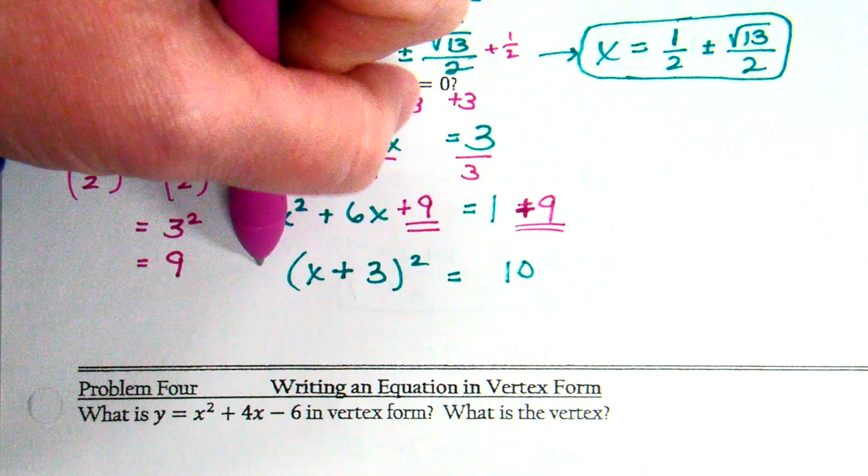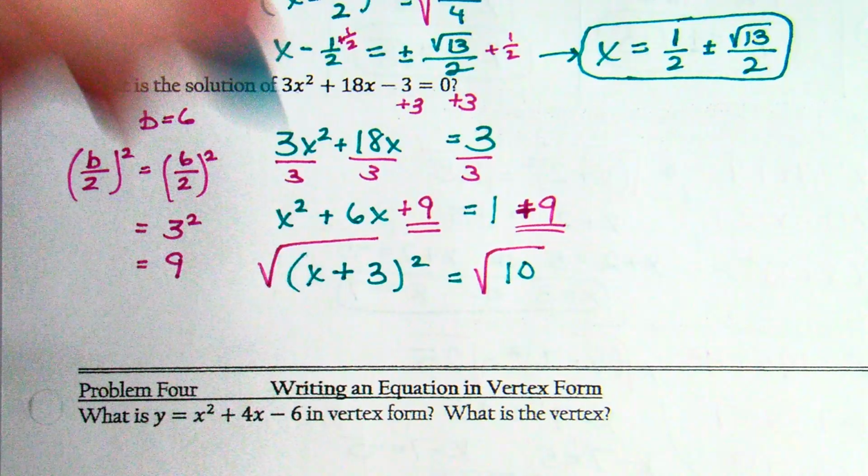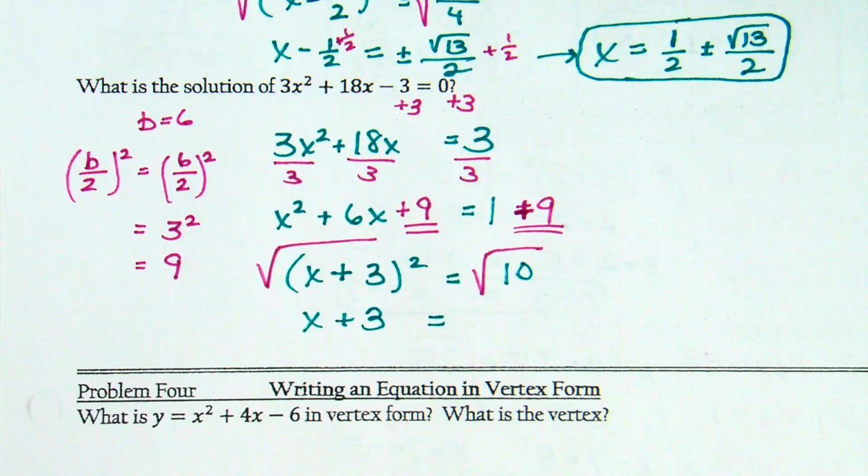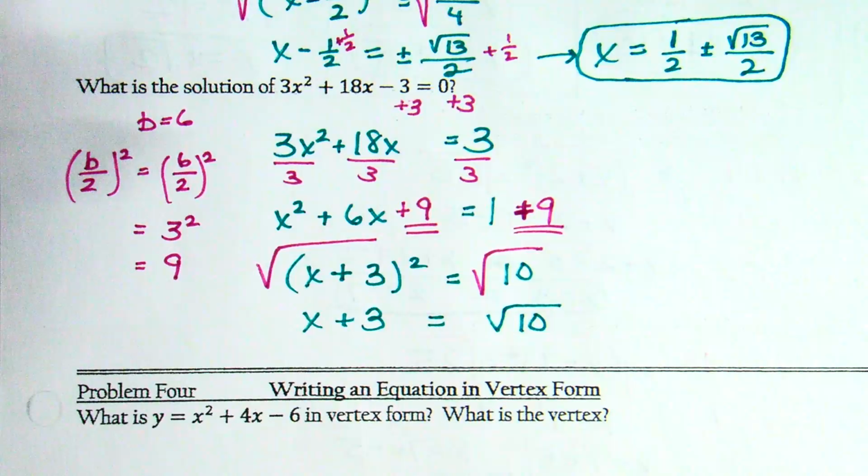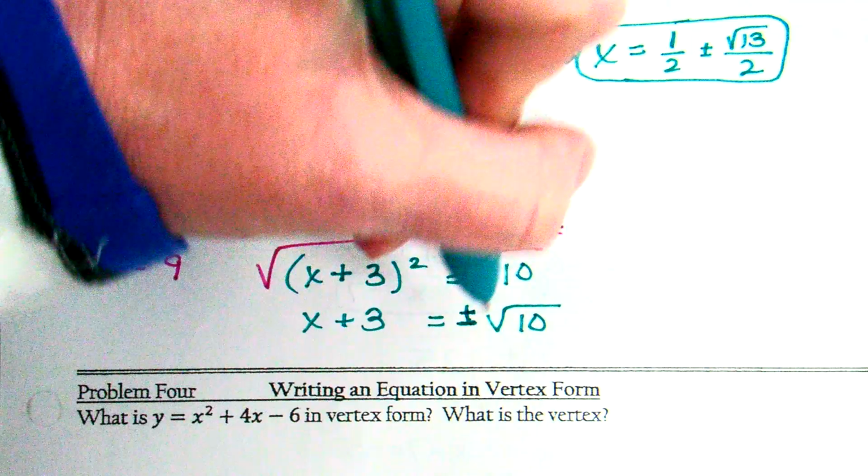Square root both sides. What is the square root of x plus 3 squared? X plus 3. What is the square root of 10? Square root of 10. And? Plus or minus square root of 10?